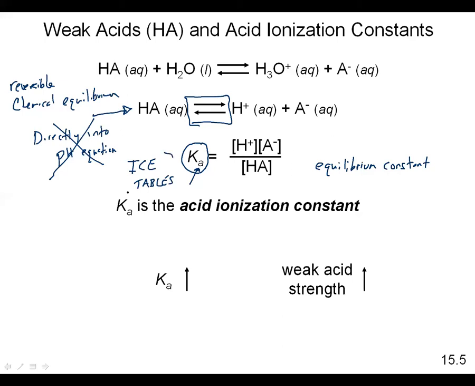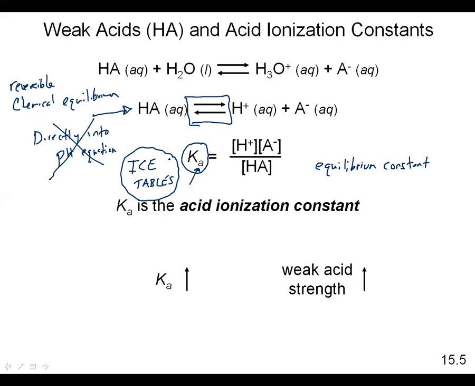So weak acid and weak base problems are very different than strong acids or strong bases in terms of trying to determine the pH of the solution. You pretty much have to do an ice table. And the only difference is in the equilibrium chapter, we were essentially interested in the concentrations of everybody at equilibrium.